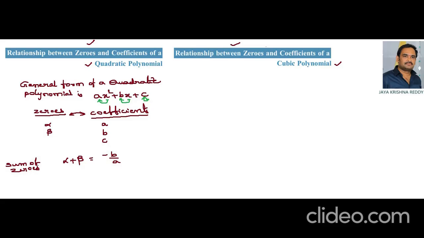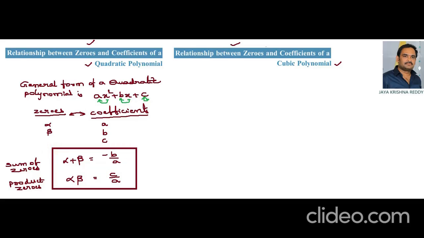And one more formula: alpha into beta equals c by a. This is the product of the zeros, since we are multiplying alpha into beta. This is the relationship between the zeros and coefficients of a quadratic polynomial.